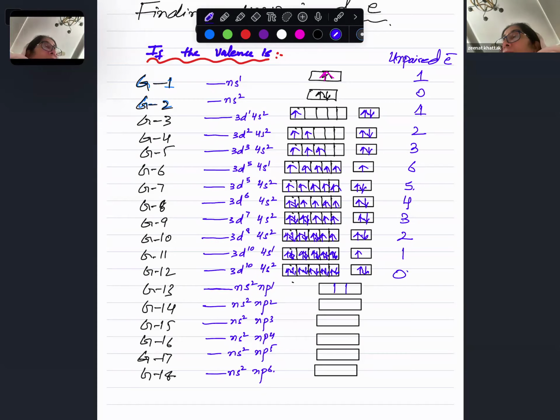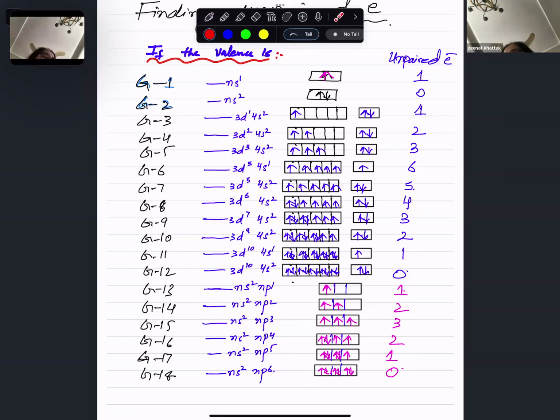Now when it comes to P block elements, if you look, the group 13, which we used to call group 3, it's P1, 1 unpaired, P2, 2 unpaired, P3, 3 unpaired, P4, 2 unpaired, P5, 1 unpaired, and P6, 0 unpaired.